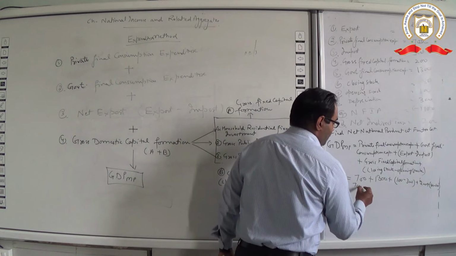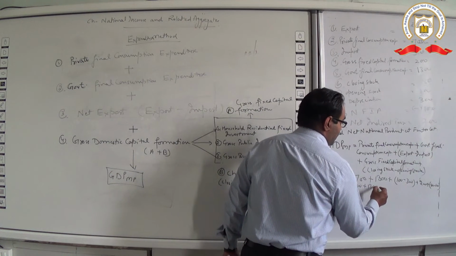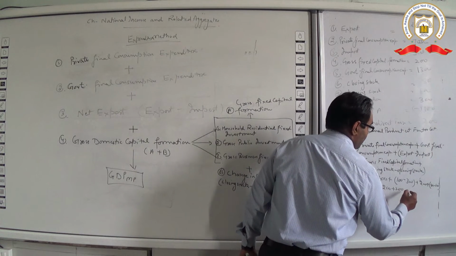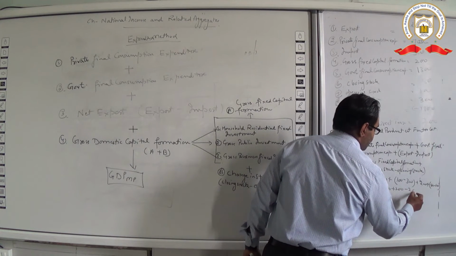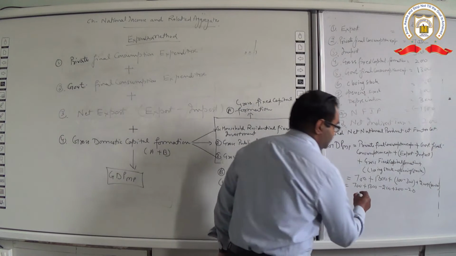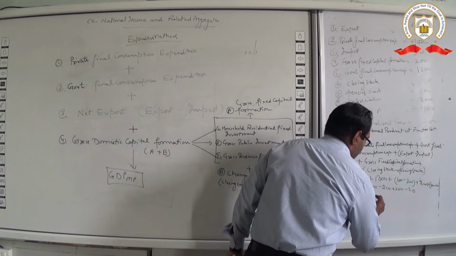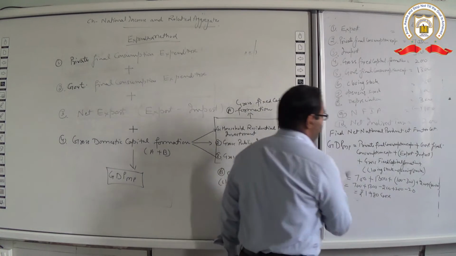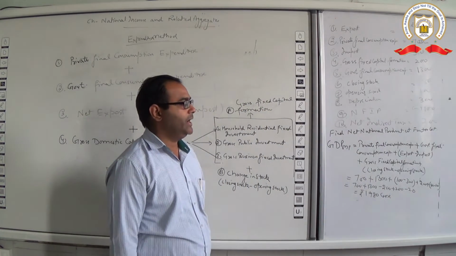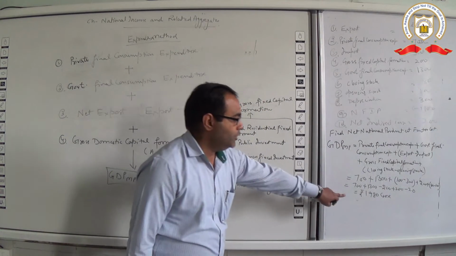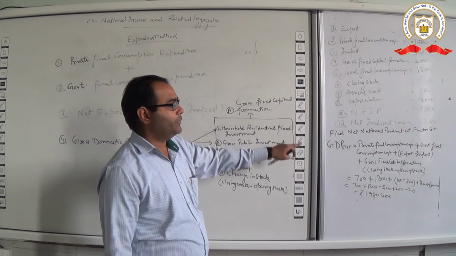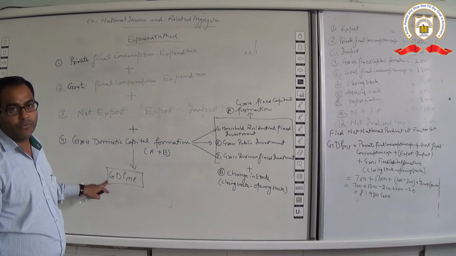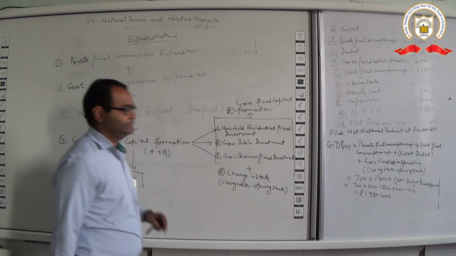So 700 plus 1300 plus 100 minus 300 plus 200 minus 20. So 1980 crore rupees is the value of GDP at MP. This value is calculated by using the expenditure method.